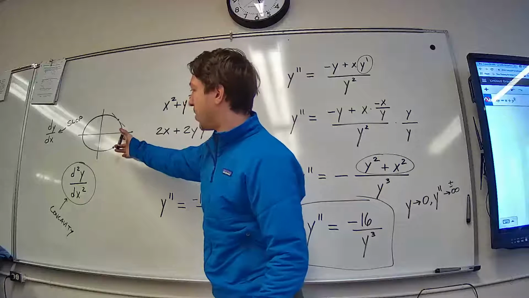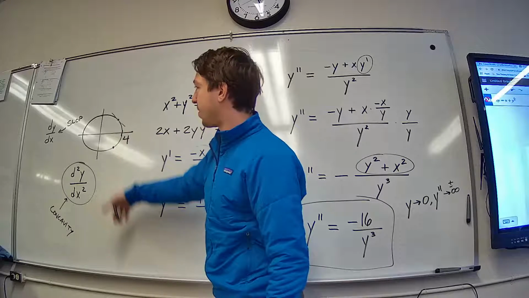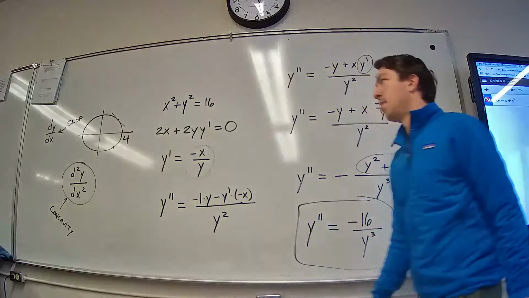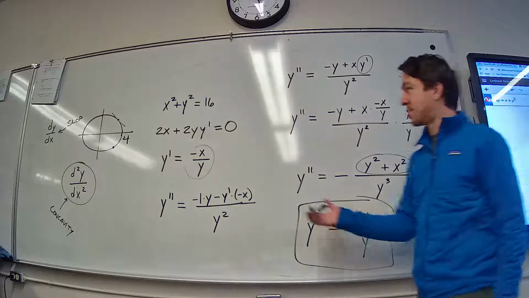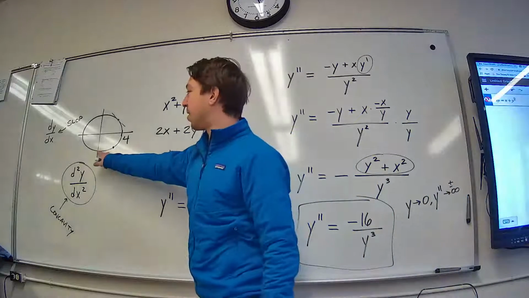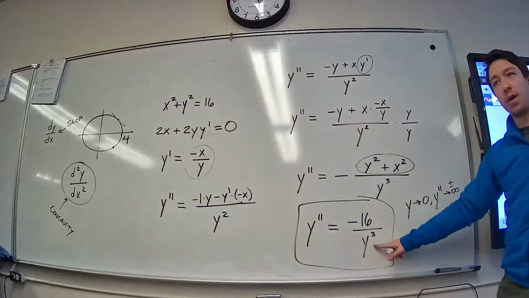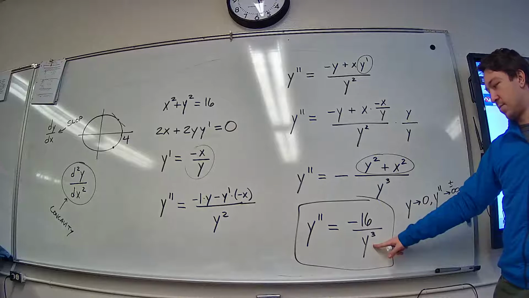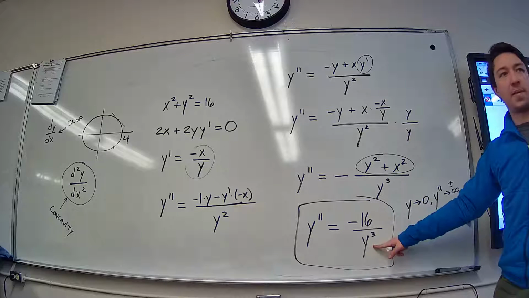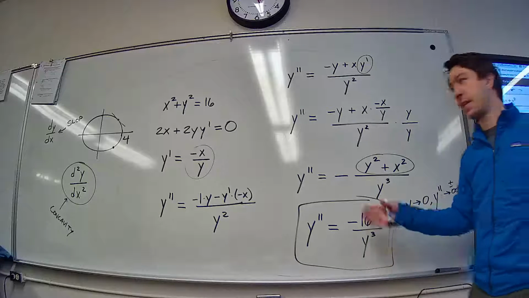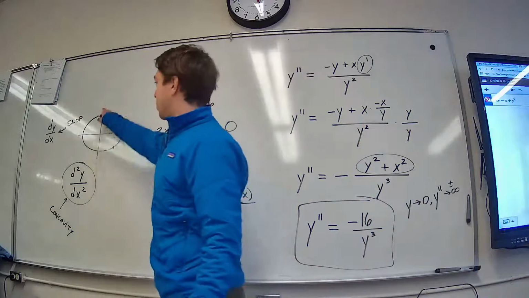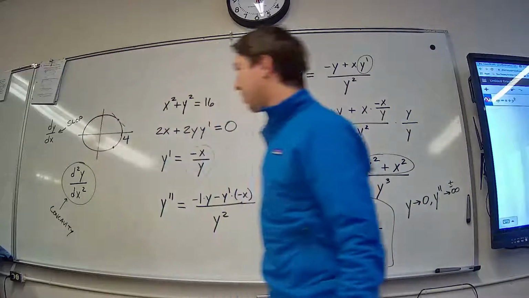This point here has some enormous positive concavity. I was kind of expecting the concavity here to be 0, but if you plug in, say, -4, it's actually just 1/4. It's maybe kind of a surprising number. So the concavity at the bottom or the top of the circle is just going to be 1/4 or -1/4.